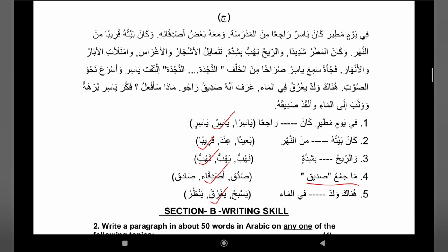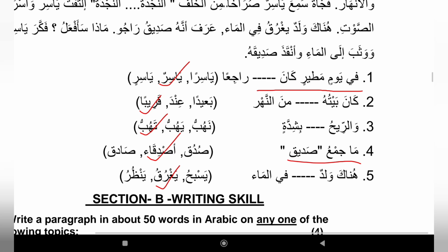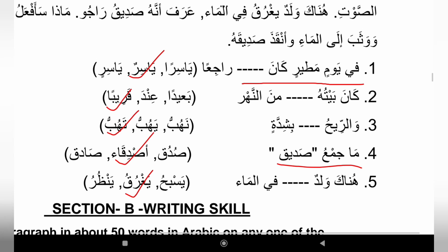We can also understand the grammatical one, like fi yawmi matarin kana yasirun. Here don't write yasiran or yasirin. You have to write the second one itself, because in kana yasirun, yasirun is the noun of kana. So the noun of kana is in the nominative case, so it should be given in the nominative case.